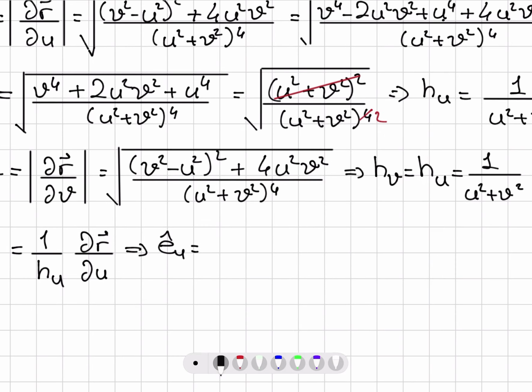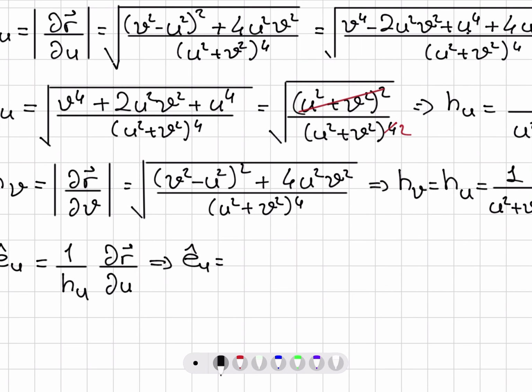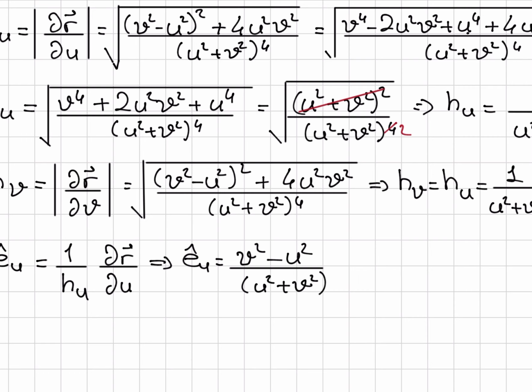Therefore, I will have EU hat is equal to, for the x component, v square minus u square divided by u square plus v square. And now I don't need the parentheses anymore since I'm not squaring it.